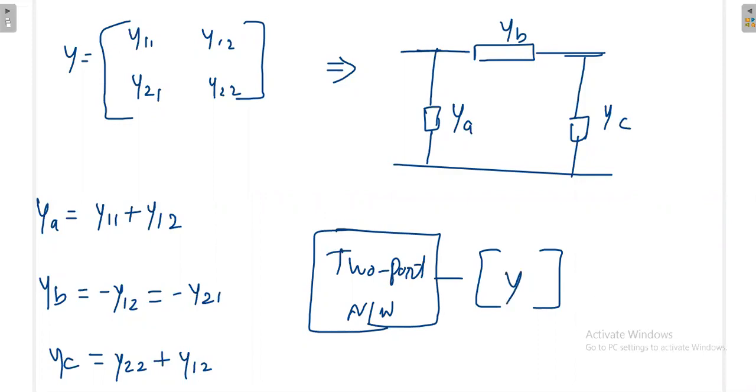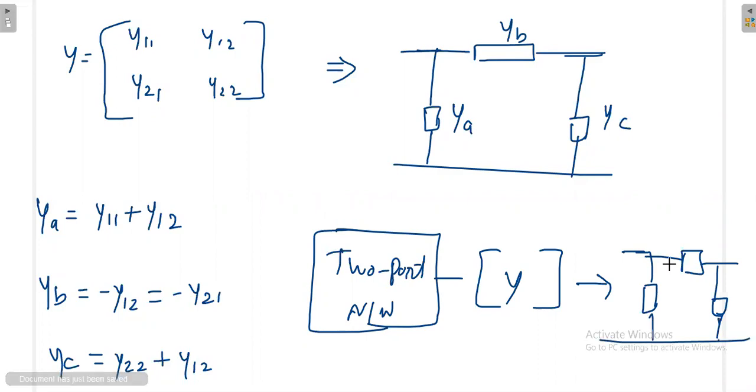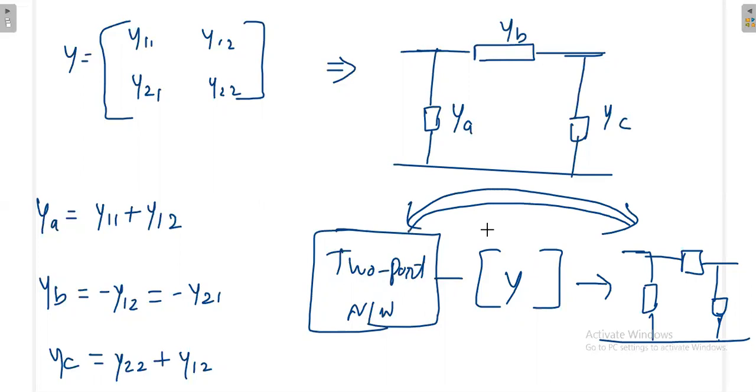Once you are given the Y parameter values, you can represent it like this. The network elements inside may be different, but the performance of the network with respect to input and output will be similar to the network that you already have. That is the idea here. Next we'll see the series combination of networks.